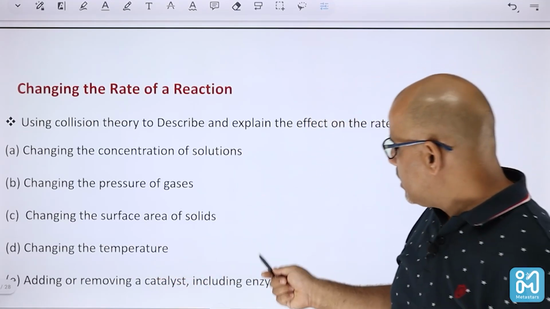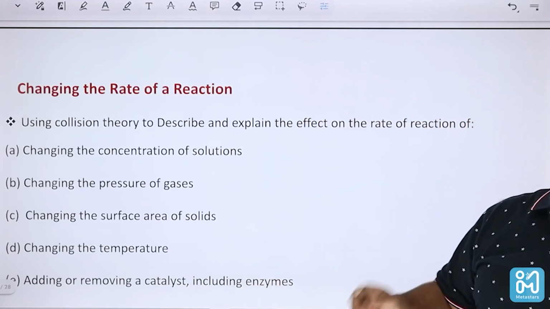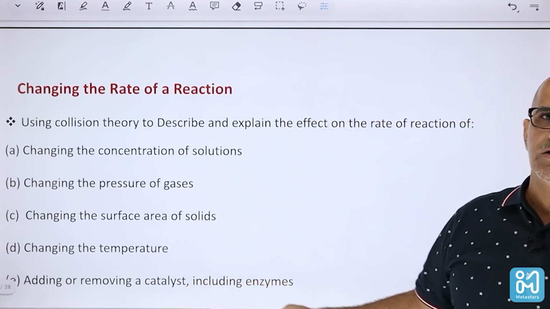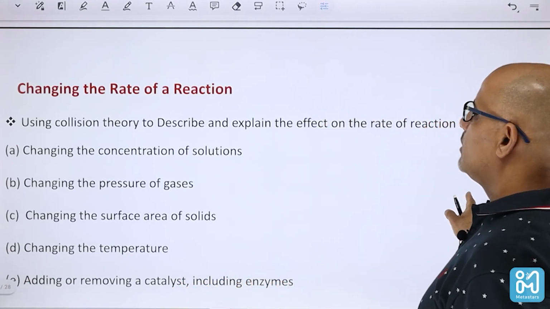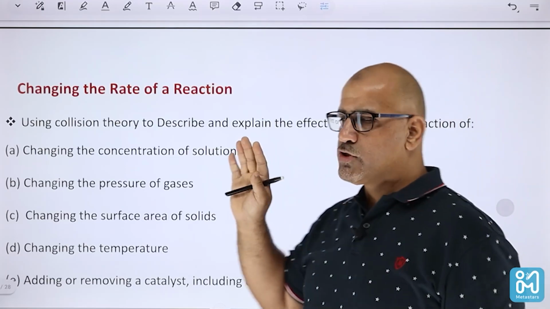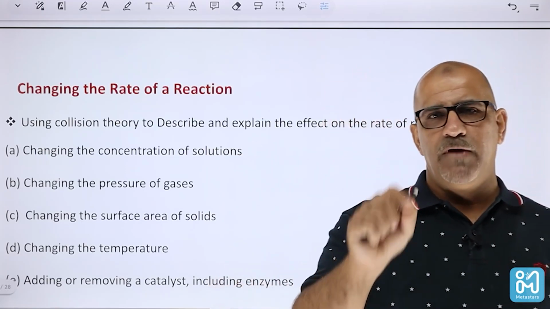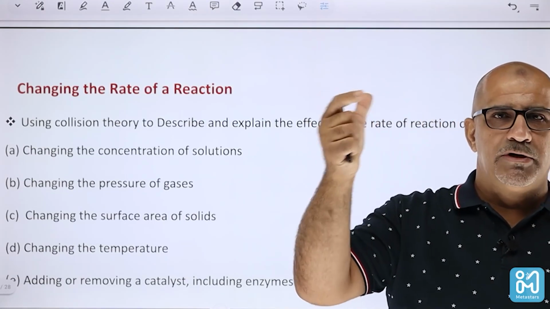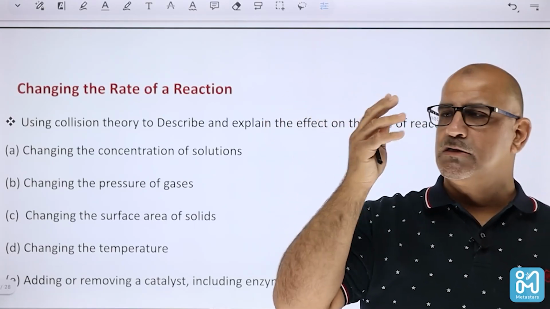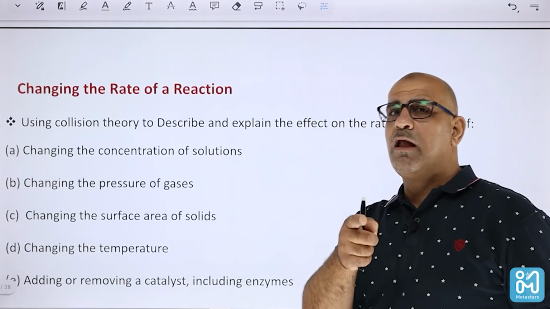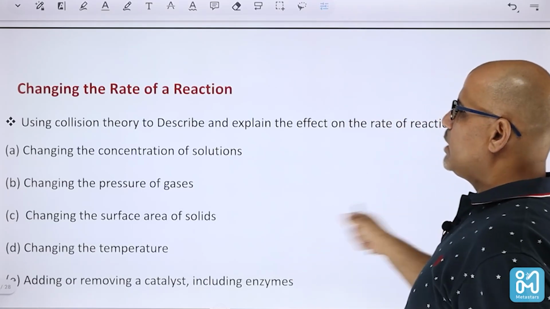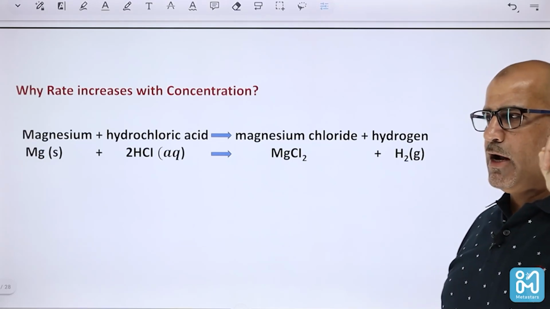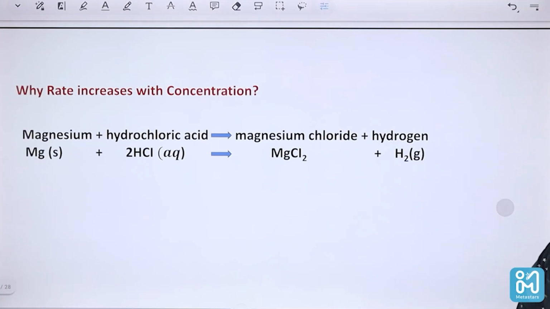And among the most important factors which increase the rate of chemical reaction are catalysts, or enzymes in biological reactions. So the main factors that affect the rate of chemical reaction are concentration, temperature, surface area, using a catalyst, and pressure for gases. Sometimes light is considered a factor which increases or decreases the chemical reaction. For a photochemical reaction or photosynthesis, light is an important factor.